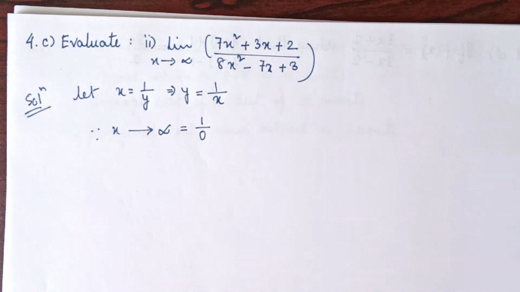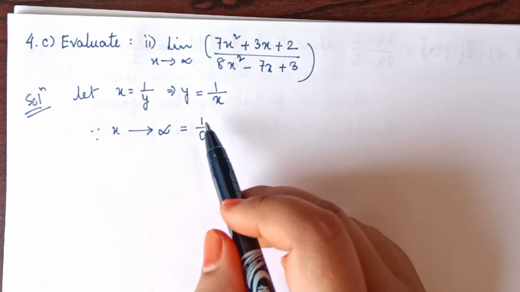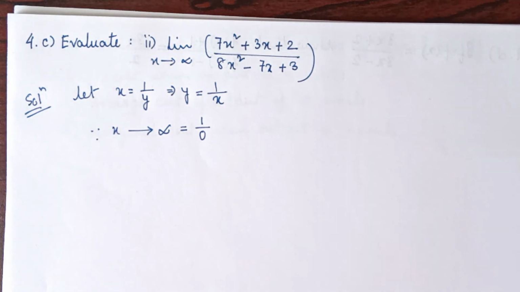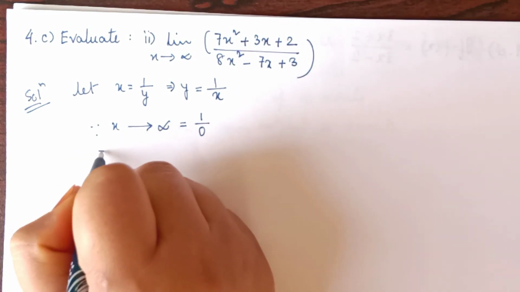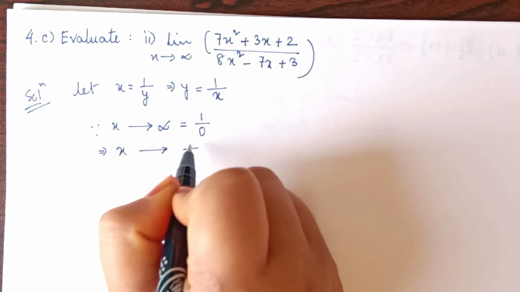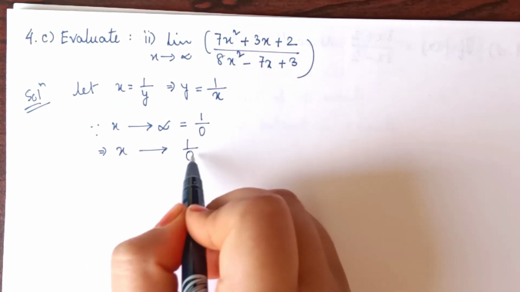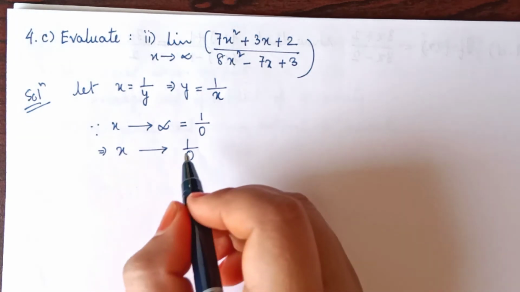Here I have assumed it is 1, because whether it is 1, 2, 3, 4 or any value, if we divide by 0, we will always get infinity. That's why you can assume any other value other than 1. But I have assumed 1 because it is the same meaning.